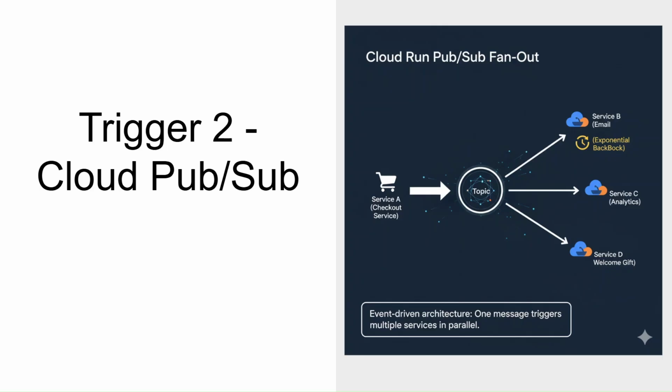And then when they are done, if another service needs to be informed, they don't need to make an HTTP post call to that service, right? They can just publish that message to another topic, and then that service can subscribe to that particular message. So services can subscribe to different topics and they can also publish their own messages. So you can have a very long chain of events.